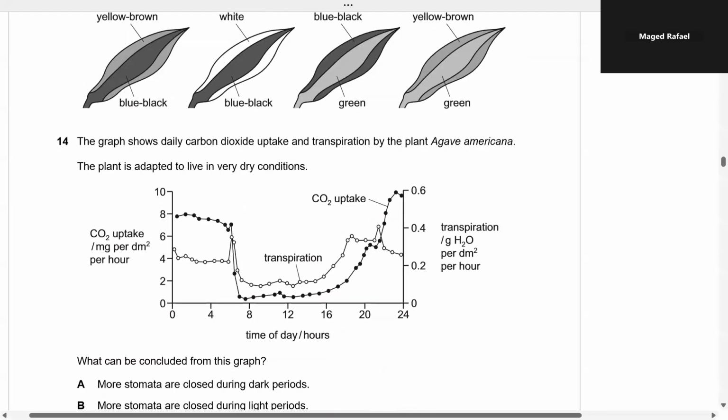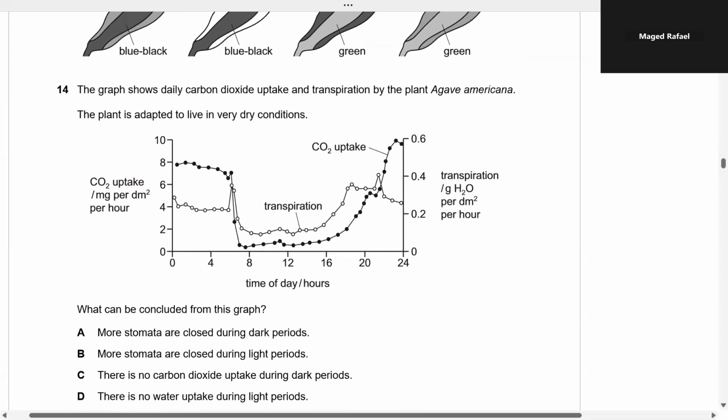Question 14. I will give you like 20 seconds to check the graph and try to find the conclusion. Please remember that we have two sides of the y-axis.